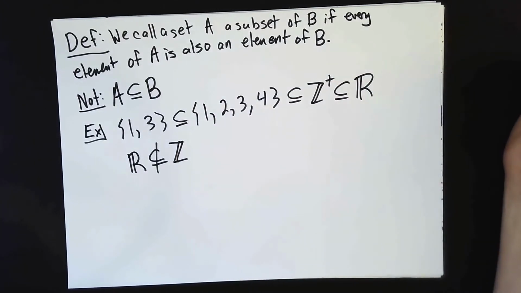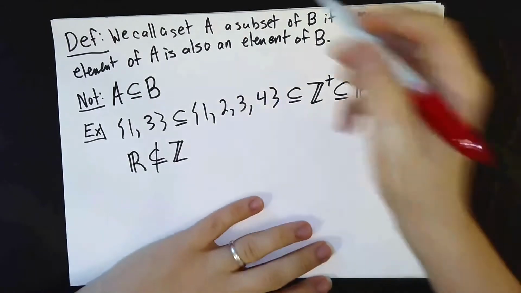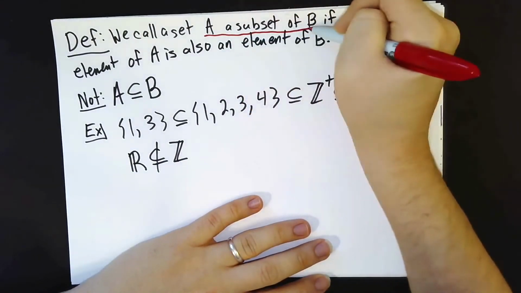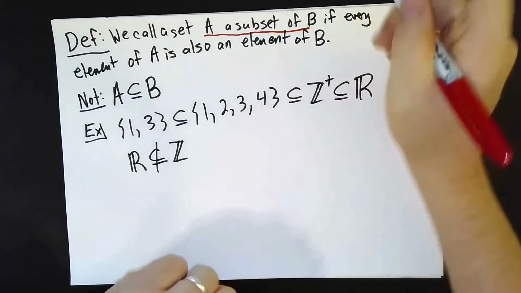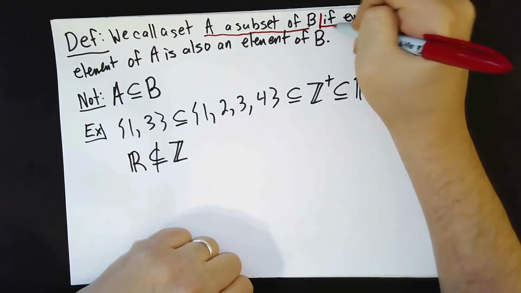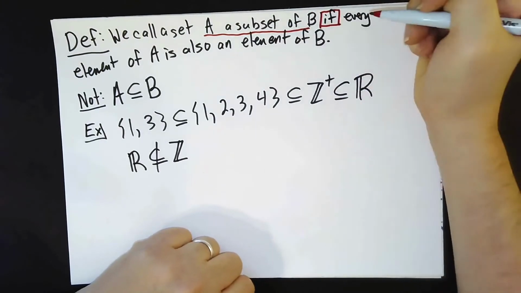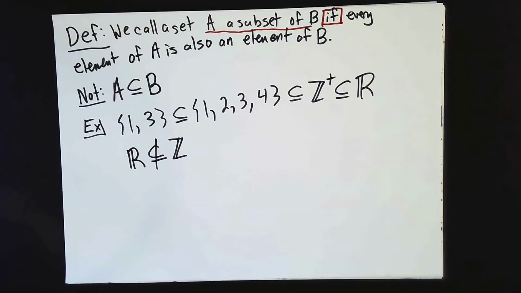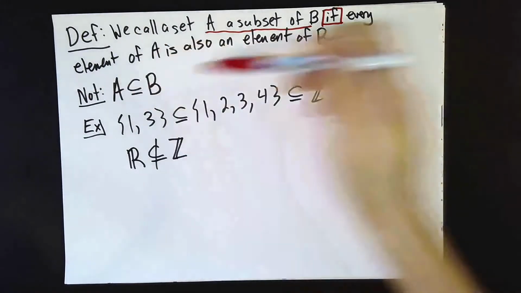I want to make a note here about the way mathematicians write definitions. The thing I particularly want to note is the use of this word "if." Most definitions a mathematician will write down will have the form, we call a blank if, followed by some condition.